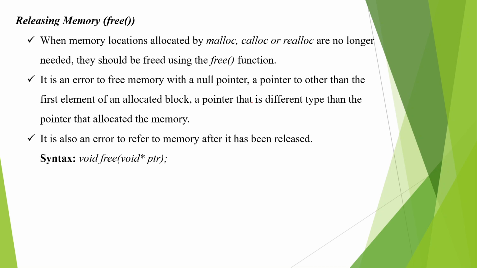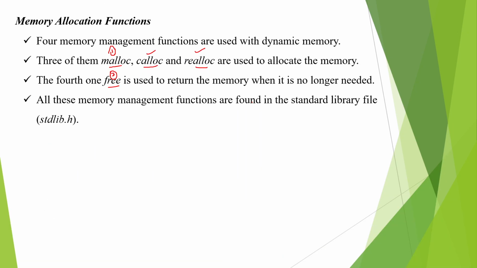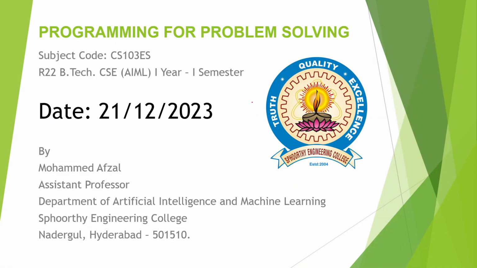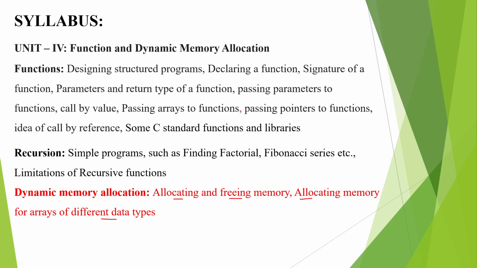Whatever memory we allocate using malloc, calloc, realloc, if you want to release that memory after the purpose is over, after the job is done, simply use the free function. With this the dynamic memory allocation functions concept is over, and we are concluding your fourth unit.